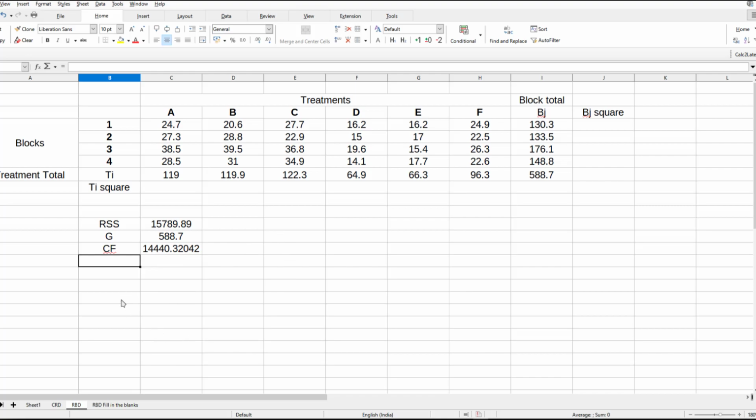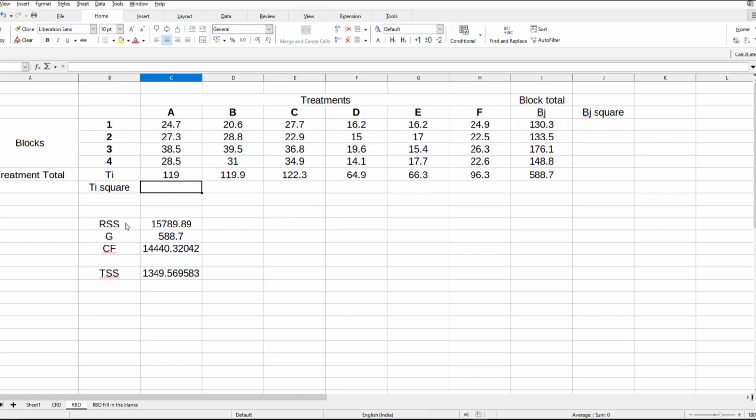That is our correction factor. Now that we know the correction factor, we can calculate total sum of square by subtracting the correction factor from the RSS. So this is our total sum of square, 1349.57, right, approximately.